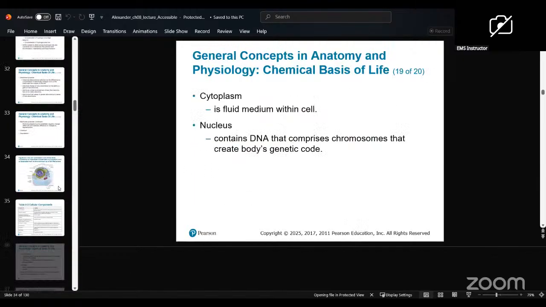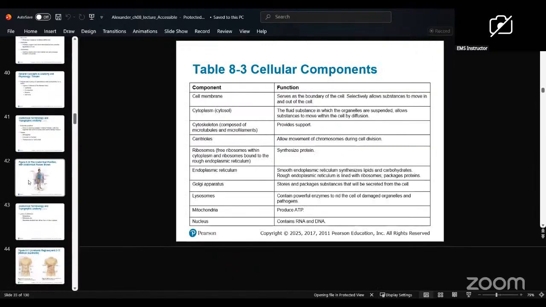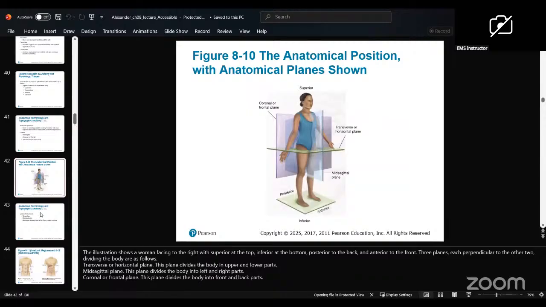And then we need to cover, again, everything we refer to when we refer to the body, when we refer to injuries, parts of the body, we're always referring to the body in its anatomical position. So anterior is the front, posterior being the back.